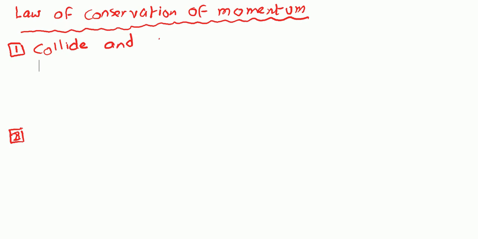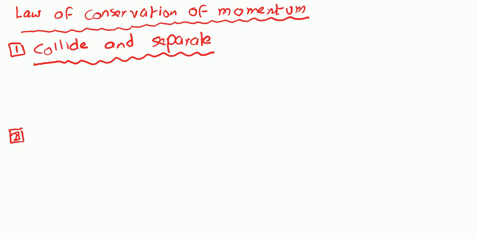Separate means they didn't move together as if they are one object. If they collide, then everyone moves with its own velocity.